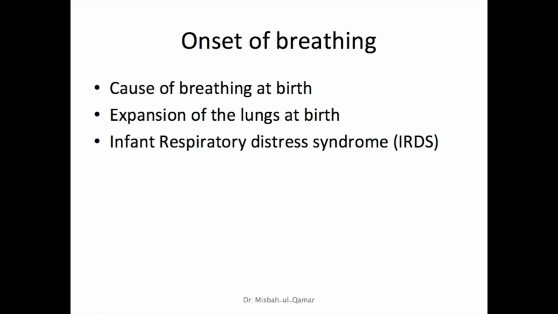In the liver the oxygenated blood mixes slightly with deoxygenated blood and enters the right atrium via the inferior vena cava, and from the right atrium a major portion of the blood is diverted into the left atrium via foramen ovale. Keep in mind that foramen ovale is an opening in the intraatrial septum in the fetus, which you might have studied in embryology.